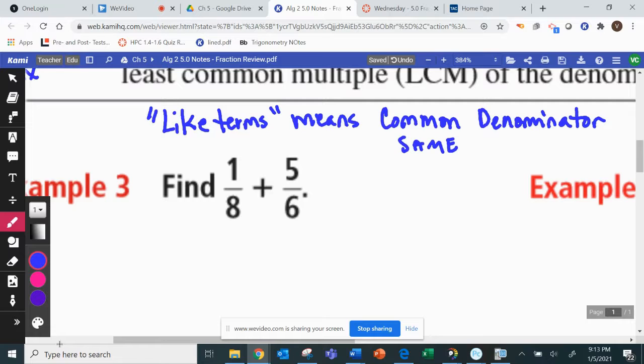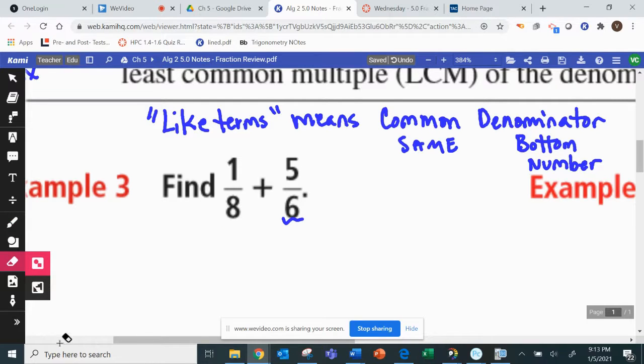So I look at my denominator. Denominator is the bottom number. So I'm going to look at my bottom numbers here, and I've got an 8 and a 6, and those are not the same thing.